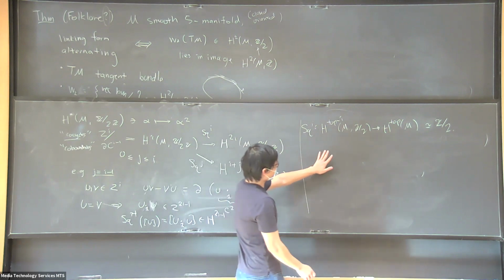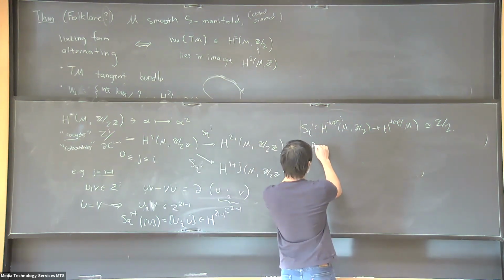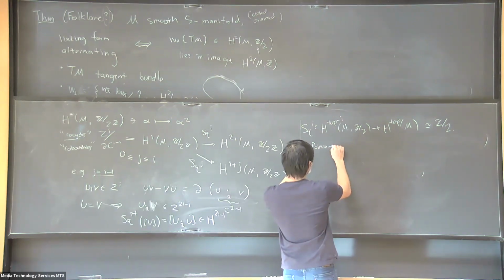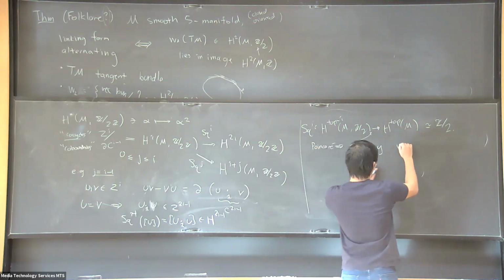And Poincaré duality then tells you that this map has to be given by multiplication by some unique element v_i.